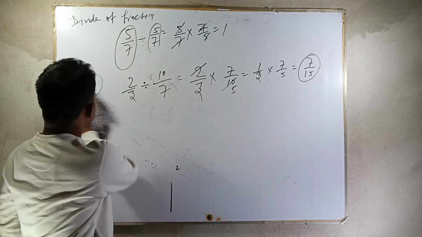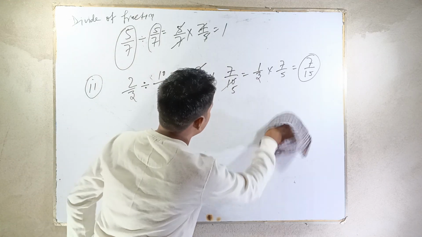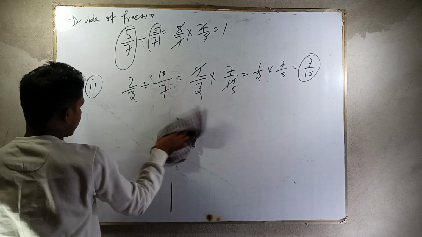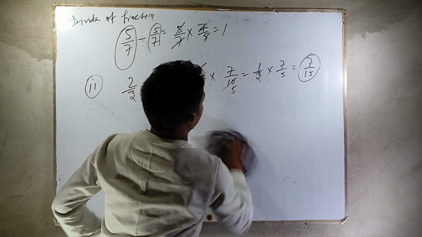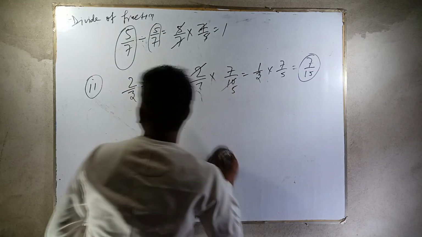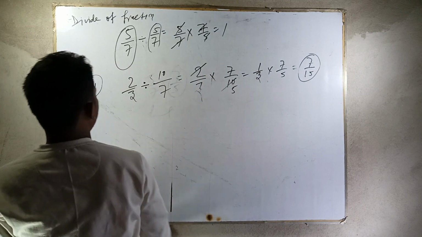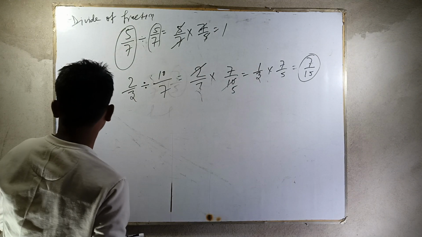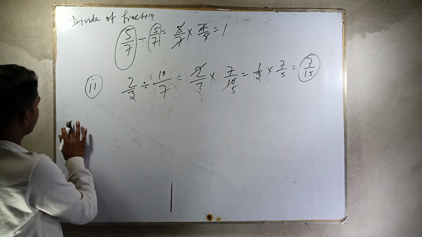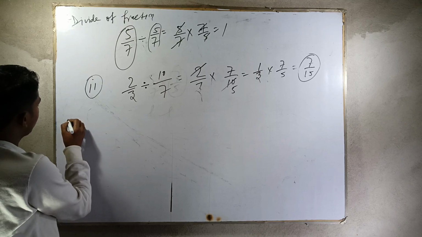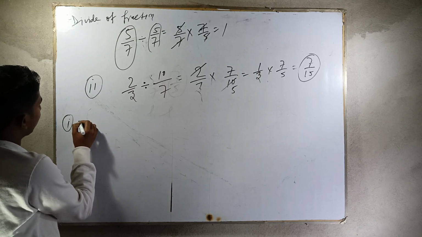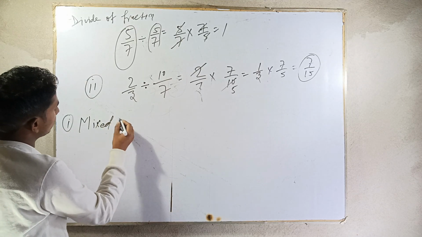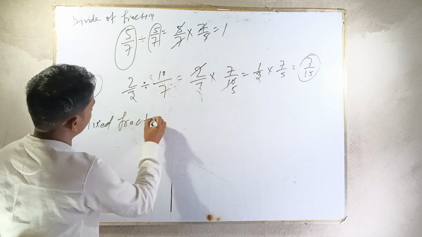Now next one is about decimals. You need to study a few little things about decimals. But one thing I am missing, so I need to talk about mixed fractions.